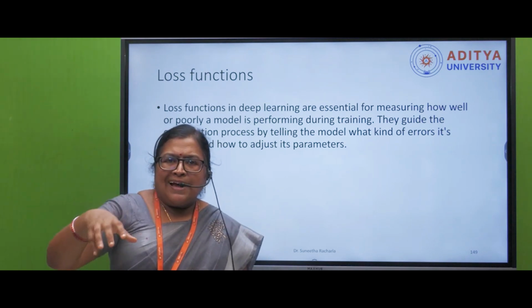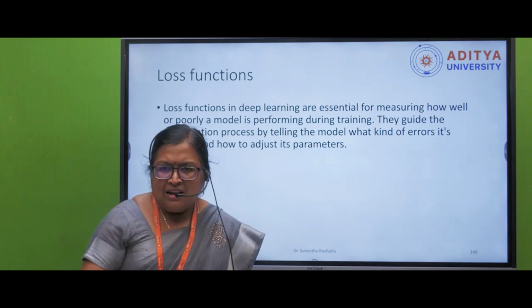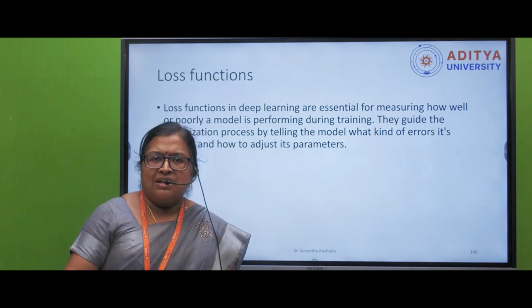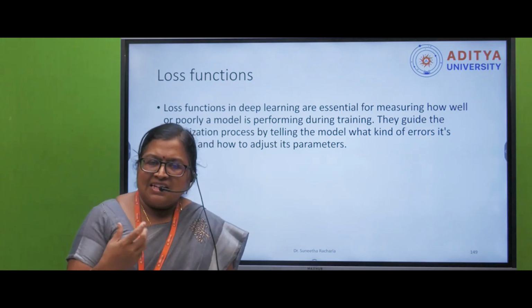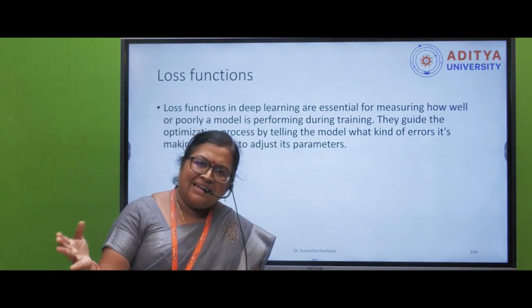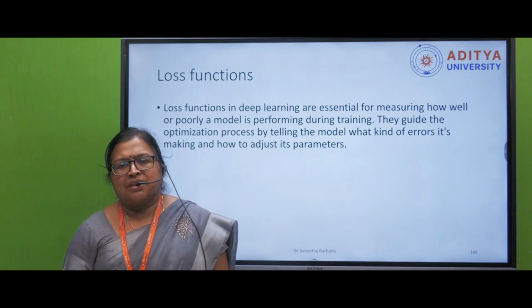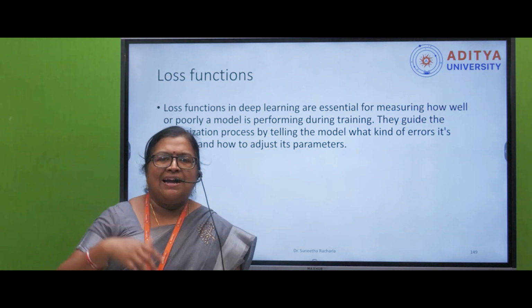Now, how do you calculate the loss function? This is the error I have received between actual and predicted. If it is a single number, I can directly differentiate the two. But in the real case it won't be like that. In deep learning there is high dimensionality.